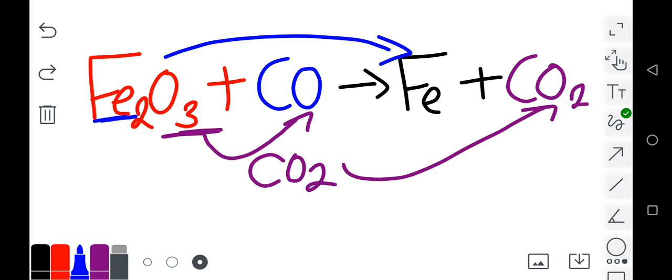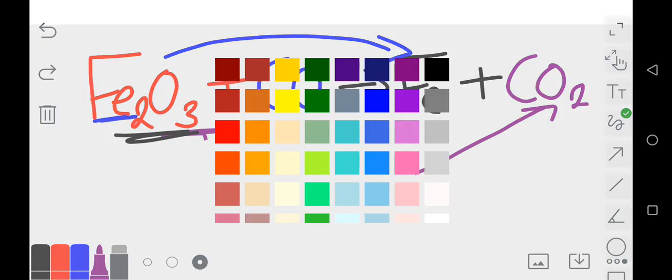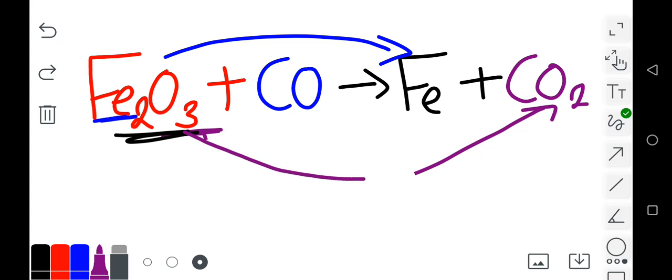So make sure you understand. Reduction is a removal of oxygen from a substance, while oxidation is the addition of oxygen to a substance. So from this point, we can conclude that from carbon monoxide to the formation of carbon dioxide, what is happening is what is called oxidation.